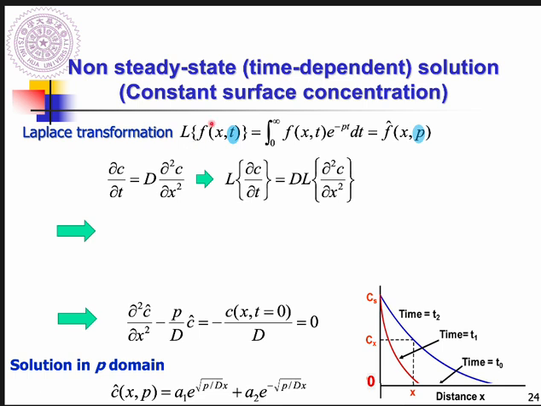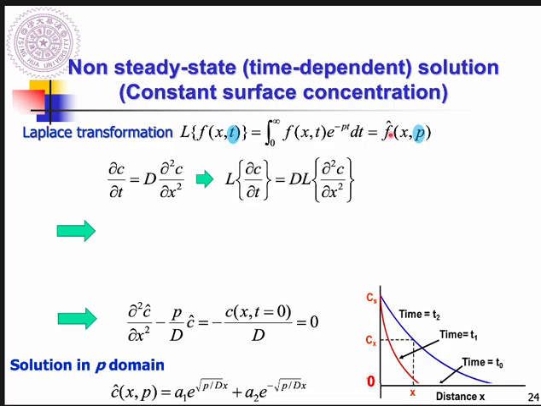We have a function f that changes with x and t. After the Laplace transformation, it mainly converts the domain from x,t to x,p. So we don't touch the x domain. We just convert the time domain to the p domain, and we use this symbol to demonstrate that this function f has been Laplace transformed.